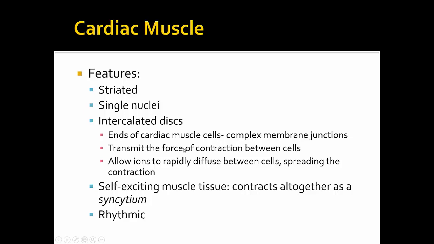They allow the force of the contraction to spread really rapidly between cells so that the whole heart can contract together as it's supposed to. This tissue is self-exciting, which means it stimulates itself, and then it will contract all together in something called a syncytium. It's also a rhythmic contraction. You know, your heart rate is a very regular, rhythmic beat.